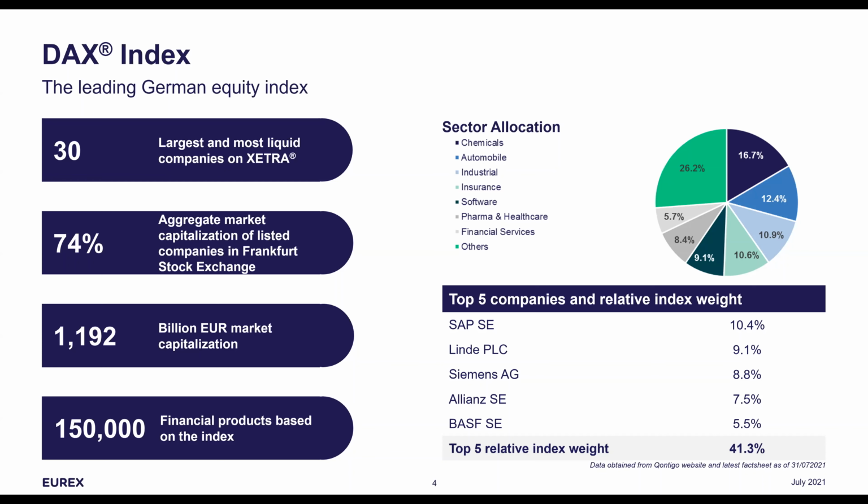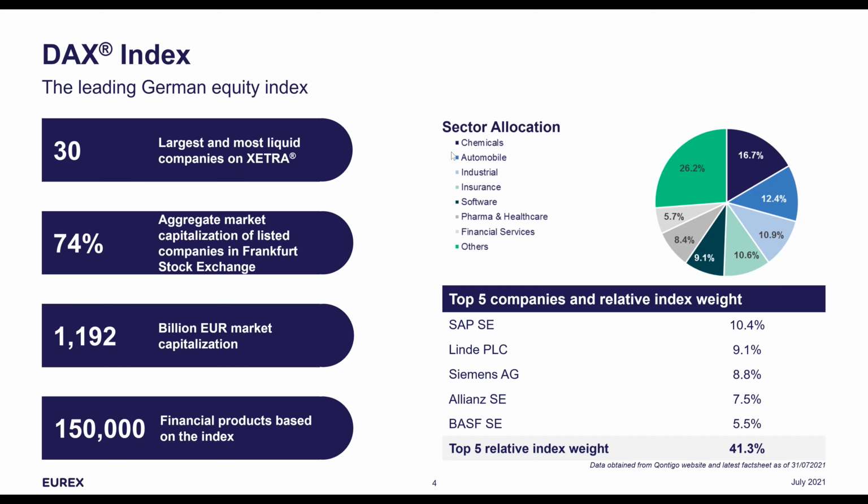So given the prominence of the DAX in the investment world, there are a lot of investment products. As said, 150,000 financial products are based on the index, and that's considered, I think, under the top 5 investment products in the whole world. So yeah, that's a short wrap up on the DAX.